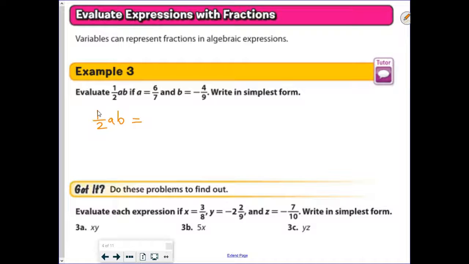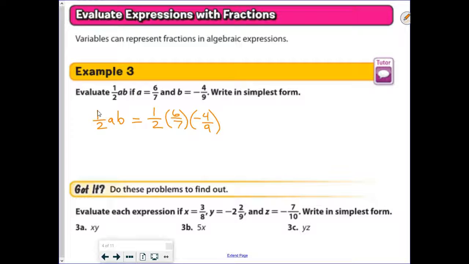So I would rewrite this expression as 1/2 times 6/7 times -4/9.